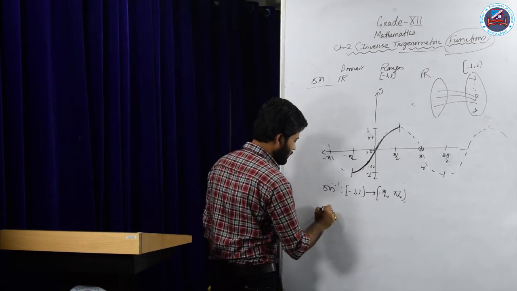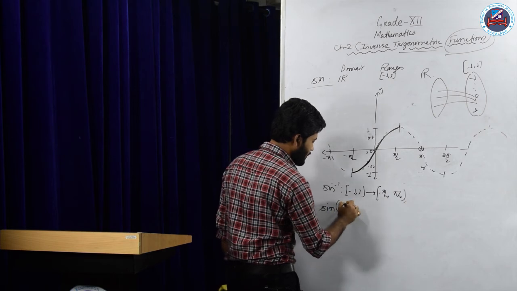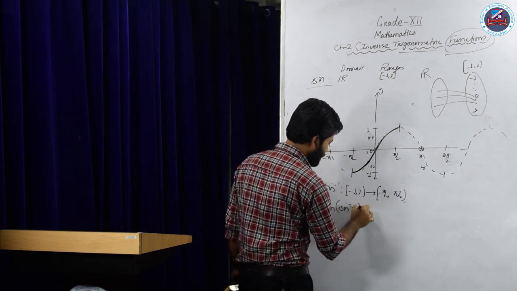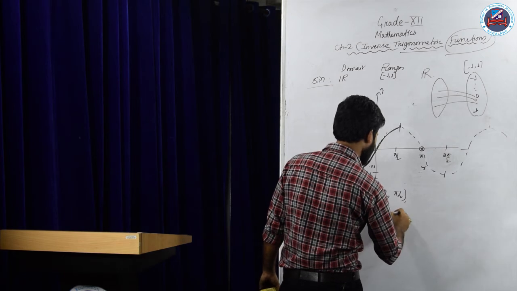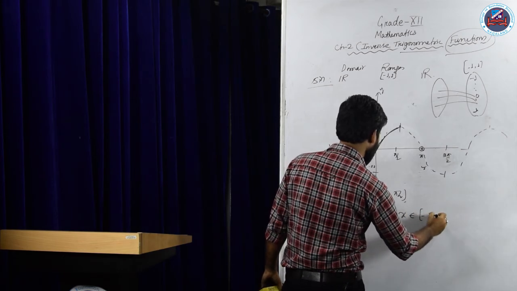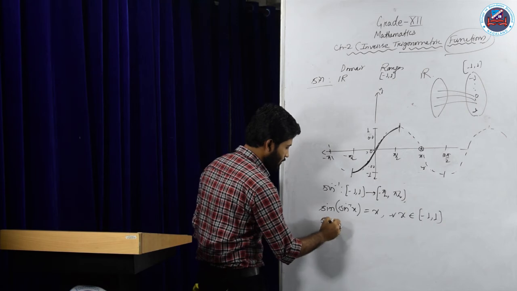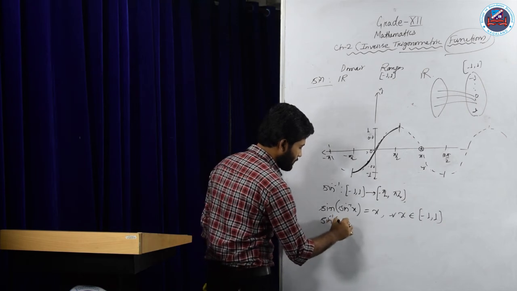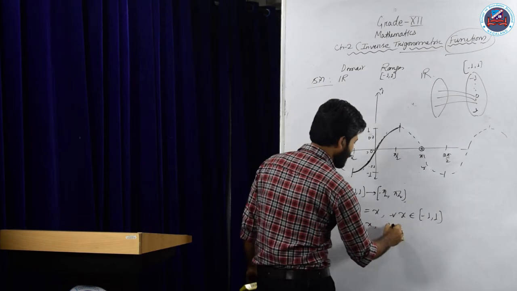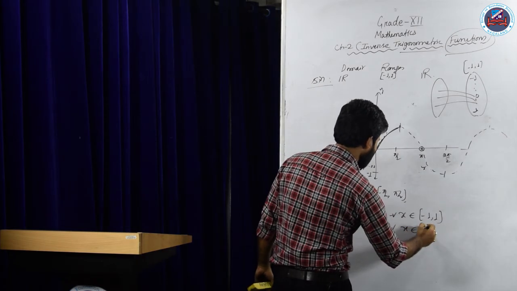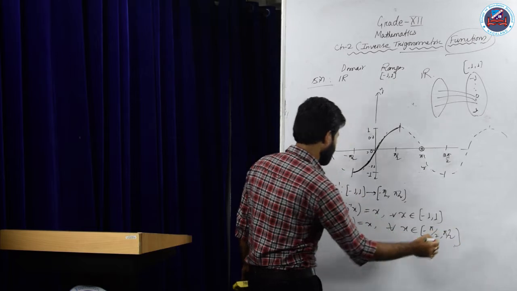So we can say from the definition that sine of sine inverse of x is equal to x for all x belonging to the interval -1, 1, and sine inverse of sine of x is equal to x for all x belonging to minus pi by 2 to pi by 2. Clear?